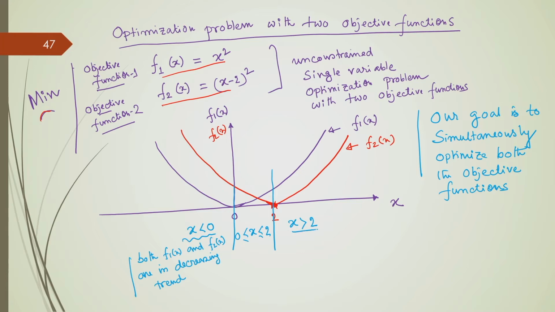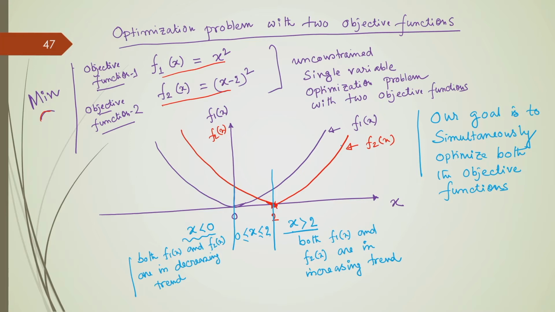So, here when x is equal to 2, both f1(x) and f2(x) are in increasing trend. Okay. So, you can see that beyond x equal to 2, both are increasing.